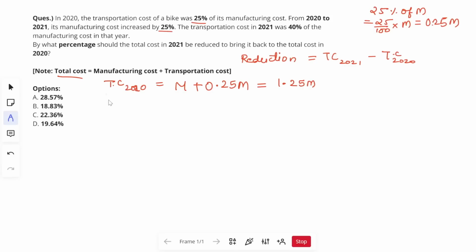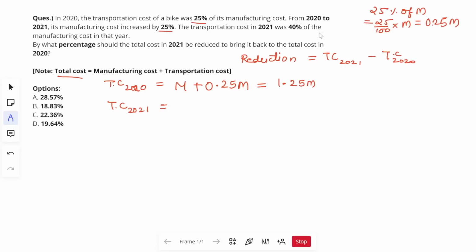Now let us calculate the total cost in 2021. In order to calculate the total cost, what do we know? We need to have manufacturing cost and transportation cost. So total cost in 2021 will be equal to what? Manufacturing cost in 2021. From 2020 to 2021, its manufacturing cost increased by 25%. And then the transportation cost was 40% of the manufacturing cost in that year.